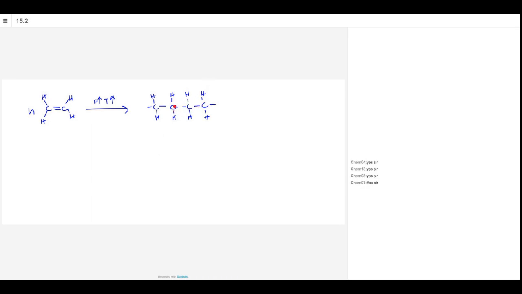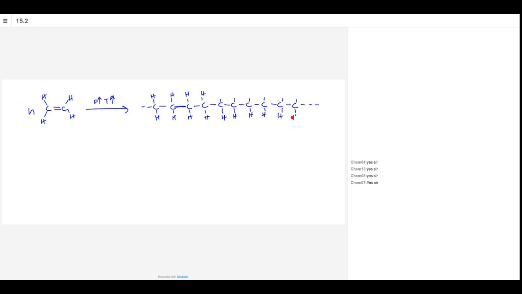Those two electrons combine together to form the sigma bond. The pi bond breaks and turns into a sigma bond, right? This continues till many monomers are joined. Many monomers, many means polymer.